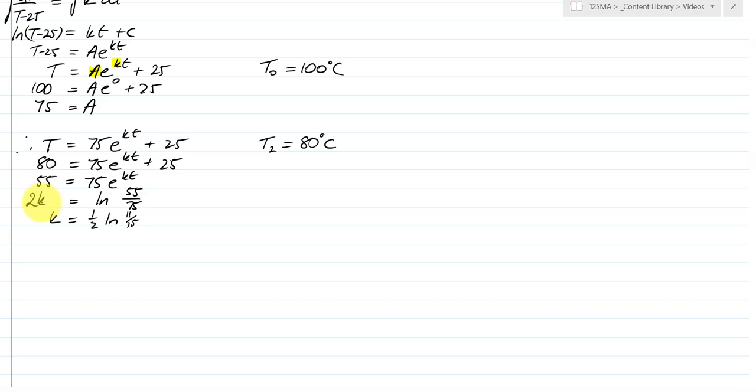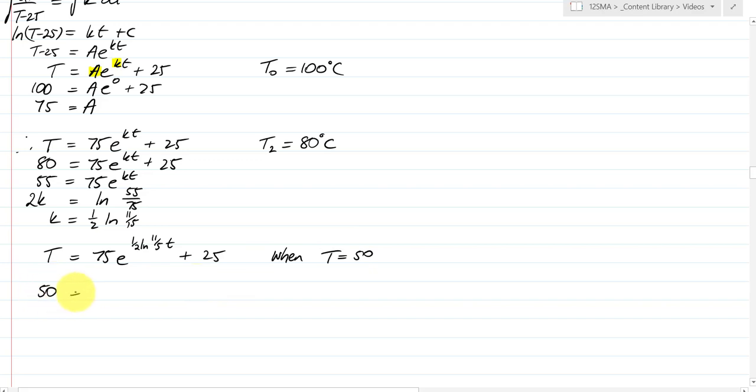So that's my k value, and my A value is 75, so I've now got T is equal to 75 e to the half log 11 over 15 t plus 25. I want to know when the temperature equals 50, so now I just put in 50 and solve. 50 equals 75 e to the half log 11 over 15 t plus 25.